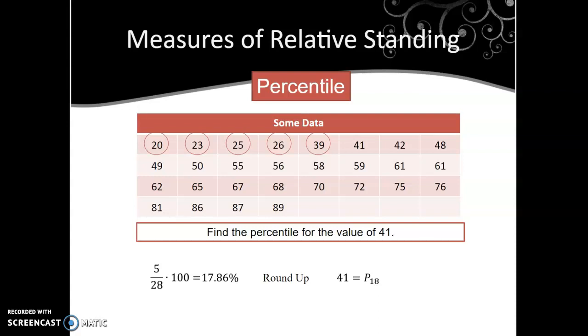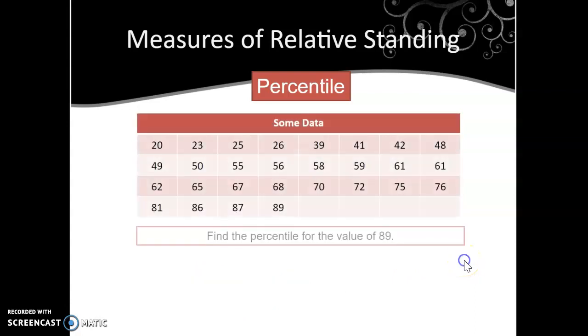So I want to do another example where we have a slightly different decimal. Same set of data. In this case, let's find the percentile of the value of 89. Oh, 89 is the largest one. So it has 27 positions before it, and there's 28 in the total, so 27 divided by 28, multiply by 100, 96.42.